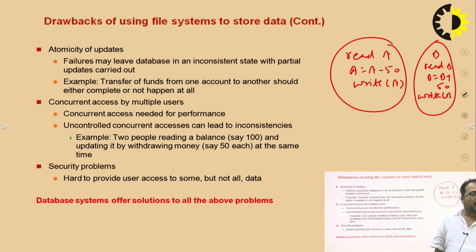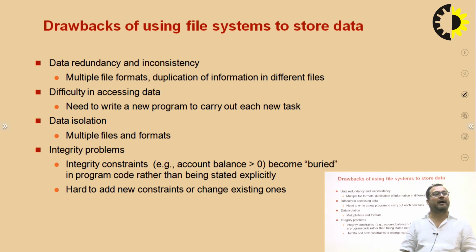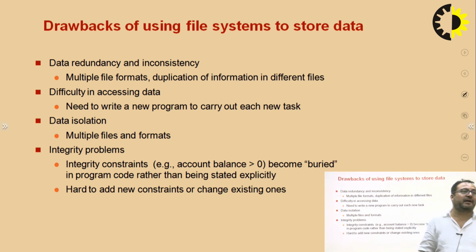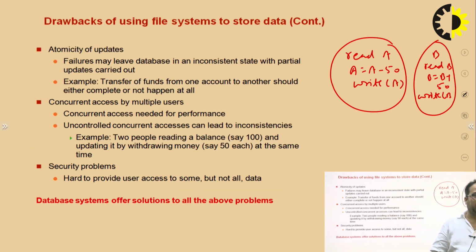Security problem. So these are some of the problems faced in a file system: security, concurrent access, atomicity of updates, integrity problems, data isolation, difficulty in accessing data, and data redundancy and inconsistency.